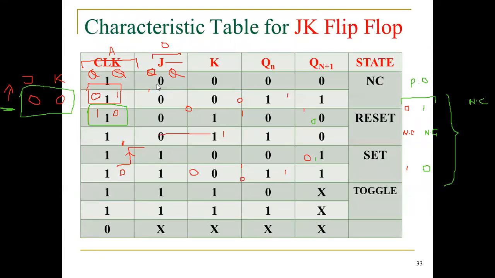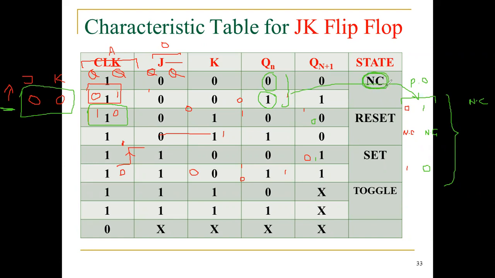Clock input equal to 1, J K equal to 0 0, even Q equal to 0 or Q equal to 1, whatever may be the assumption, what will be the result? There is no change. That is what is mentioned: no change in the outputs.